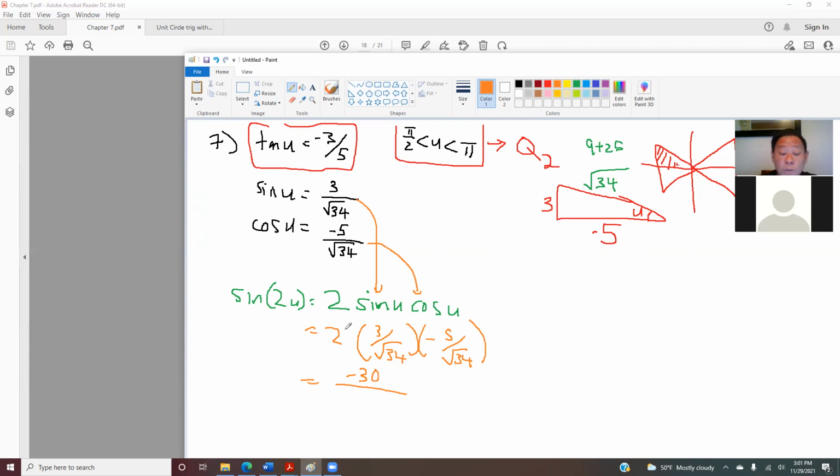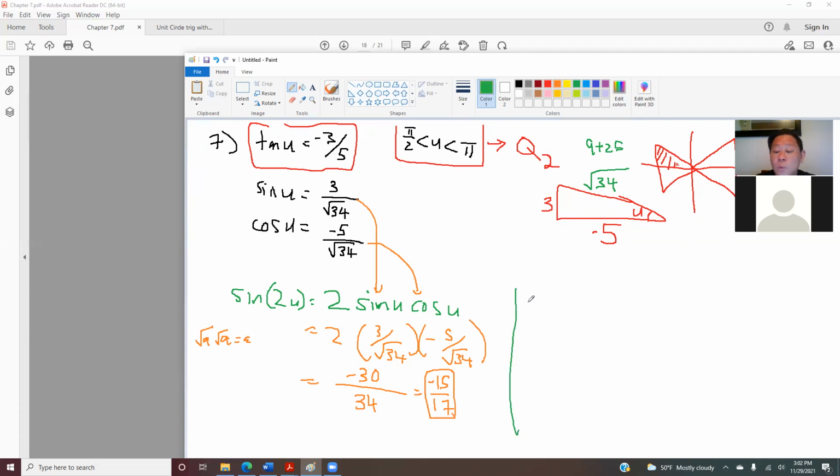Do not distribute, you just multiply. 2 times 3 is 6, 6 times 5 is 30. When you multiply the roots, you will get exactly 34. If you get exactly the same root, root a times root a, you get a by itself. That's why I don't want to rationalize this. It's easy. And then you reduce this. This is -15 over 17. So this is how you find sine 2u.